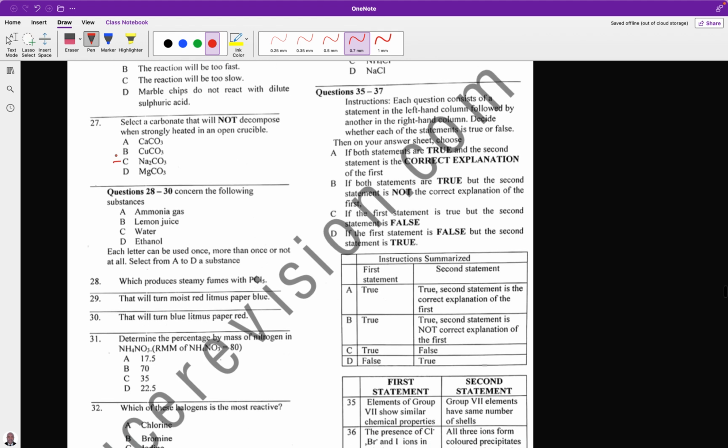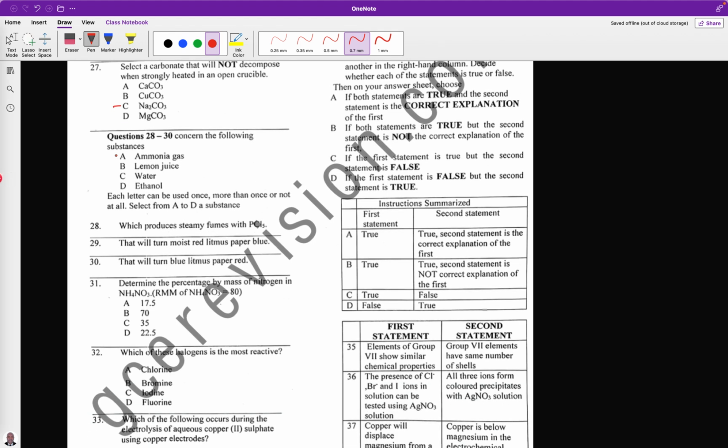Now questions 28 to 30 concern the following substances: ammonia, lemon juice, water, and ethanol. Each letter can be used once, more than once, or not at all.